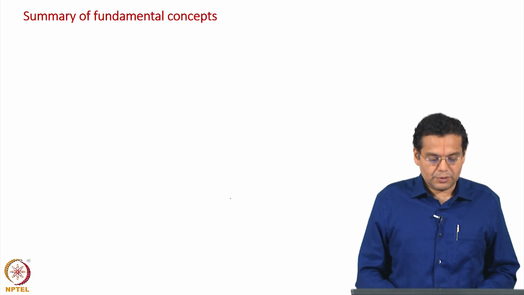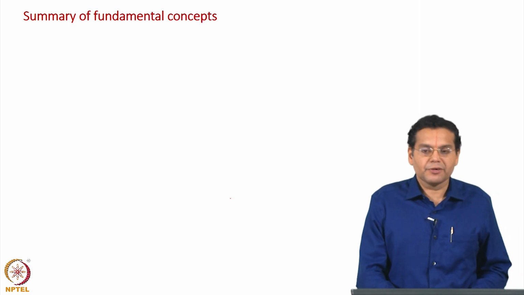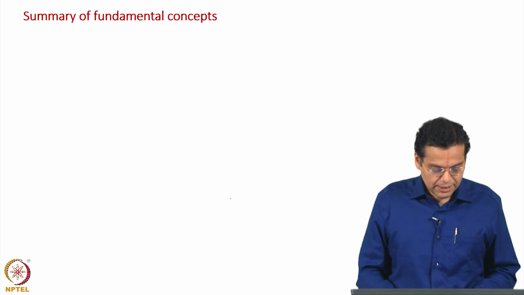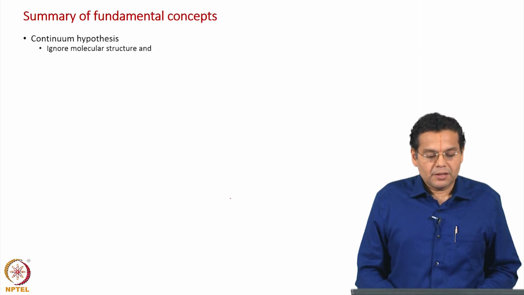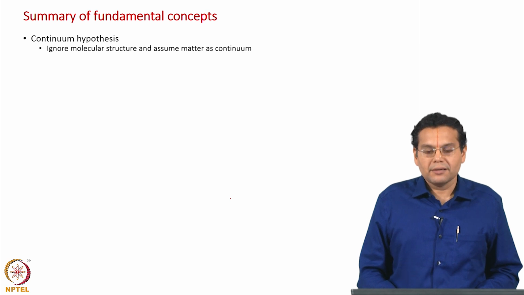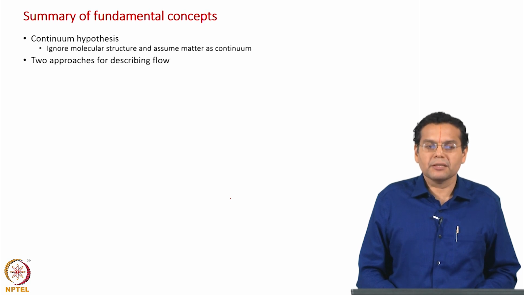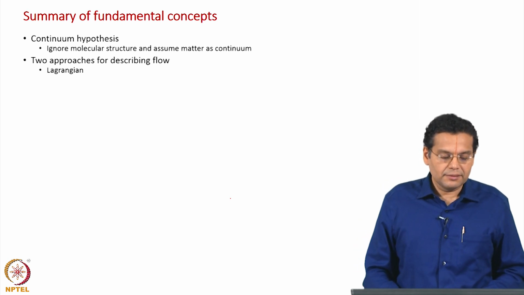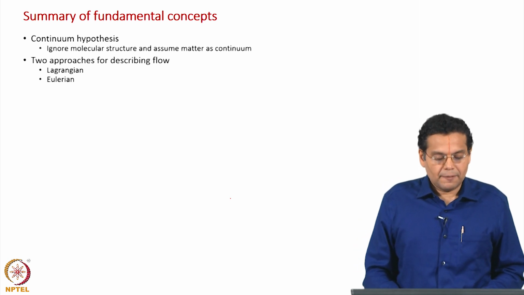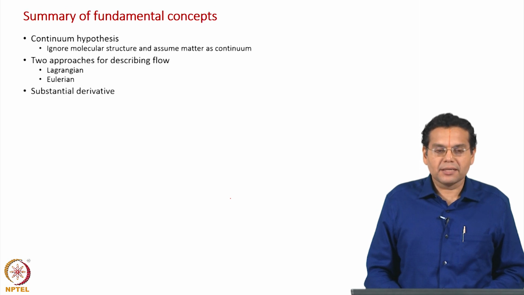Okay. So, this brings us to the close of the first part of the course on fundamental concepts. Let us quickly summarize them. Start with the continuum hypothesis, which ignores molecular structure and assumes matter is a continuum. We looked at two approaches for describing fluid flow, namely Lagrangian and Eulerian. Looked at the substantial derivative, which is the derivative following the fluid motion.